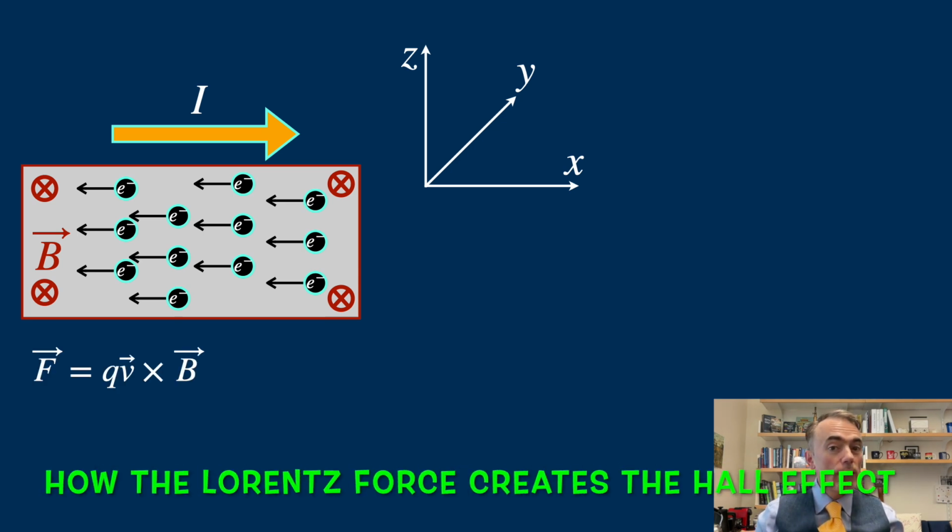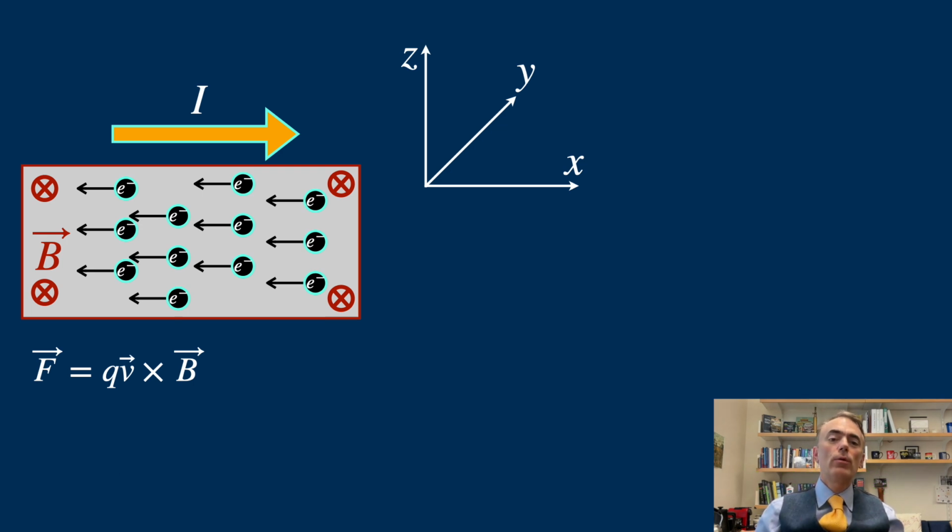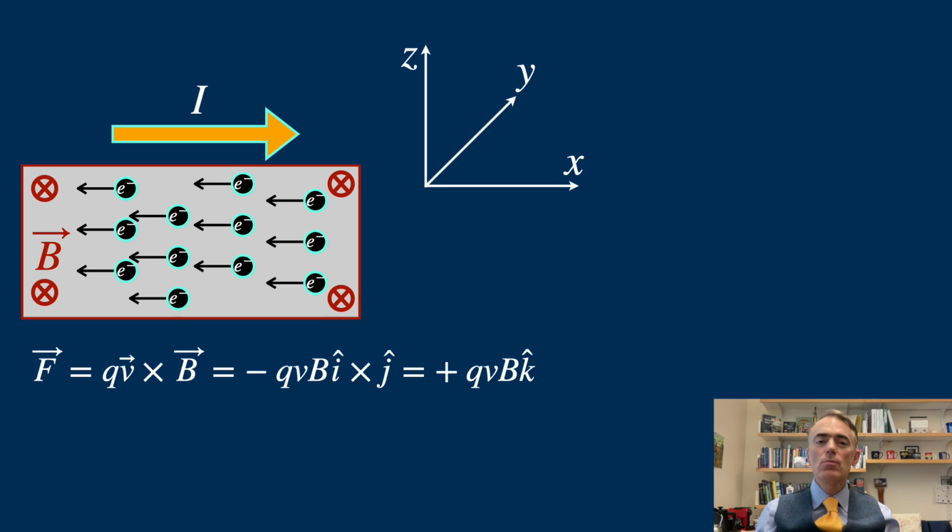Here's where the Lorentz force, which you already know, comes into play. Remember that the Lorentz force is given by Q velocity cross product magnetic field. When the electrons move through the conductor, the magnetic field causes them to experience this Lorentz force.